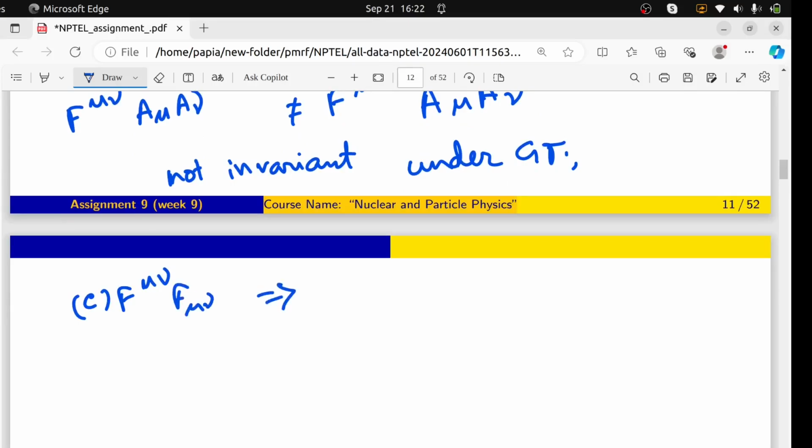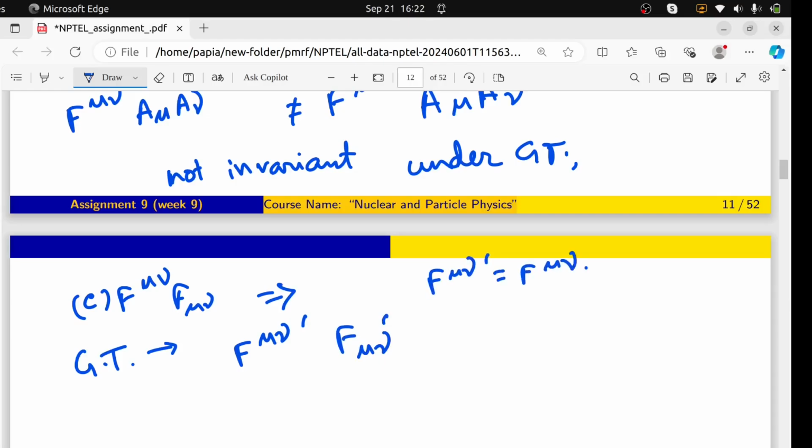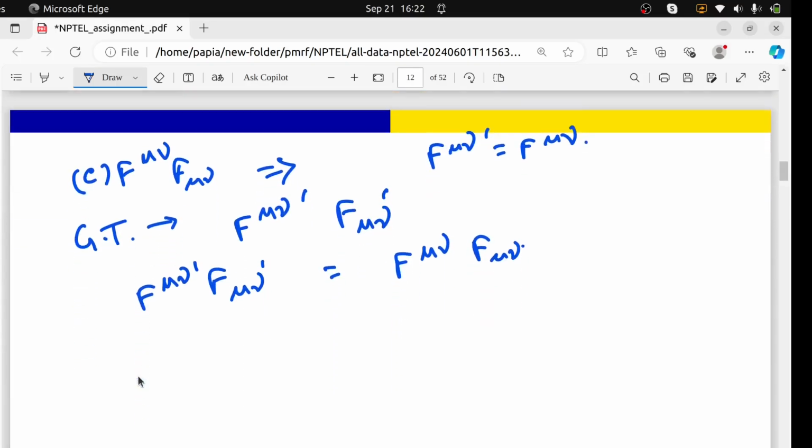So for this case, let's say for gauge transformation, F mu nu prime. Now we have already checked that F mu nu prime is equal to F mu nu. So obviously F prime should be equal to F, right? So under gauge transformation it will be invariant.